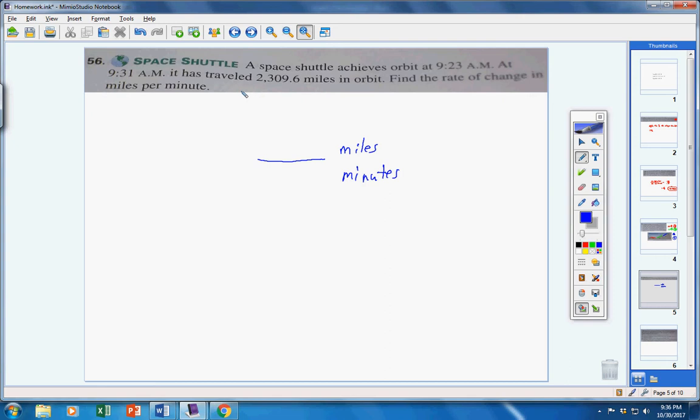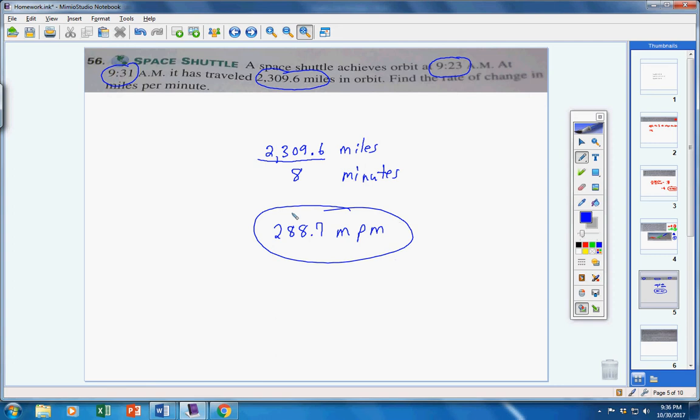So it traveled 0, and then it traveled 2,309.6 miles. So that's how many miles it's traveled in how many minutes? Well, we started at 9:23. We reached this many miles at 9:31. That's 2.7 miles per minute. And that's your answer.